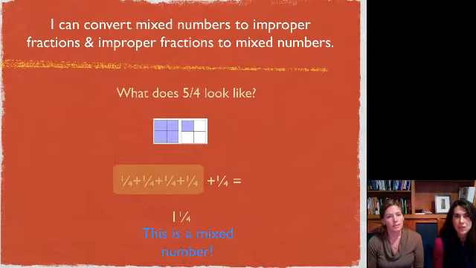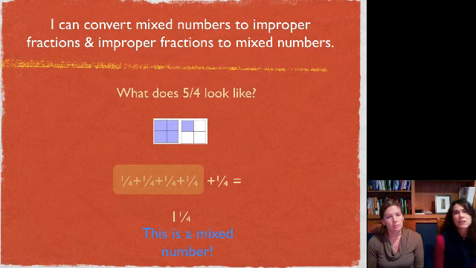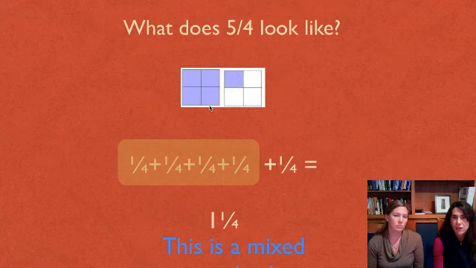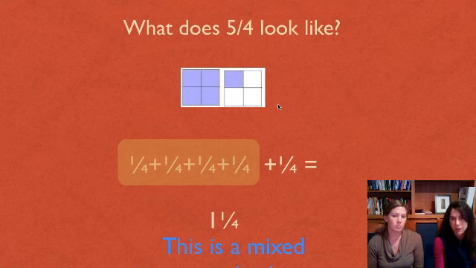Alright, so what does it actually look like? 5/4 can look different ways depending on shapes. But here we have 5/4. We have 1, 2, 3, 4, 5 shaded in out of each fourth that we see here. So that's one way to look at it.